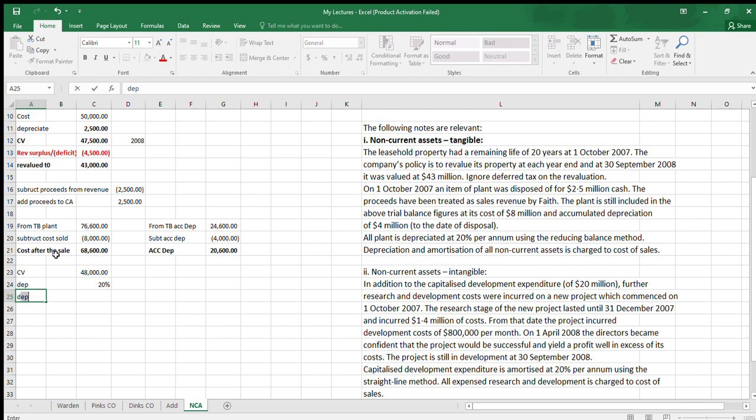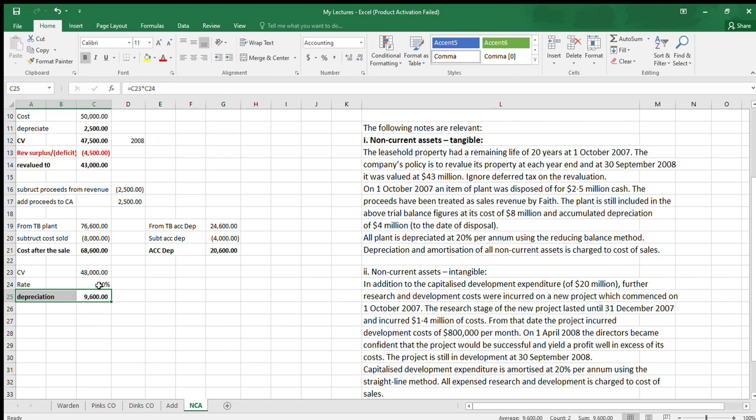So depreciation is now equal to the 48,000 multiplying the rate, which is 20%. So the depreciation here is also 9,600. This is the depreciation, 9,600.